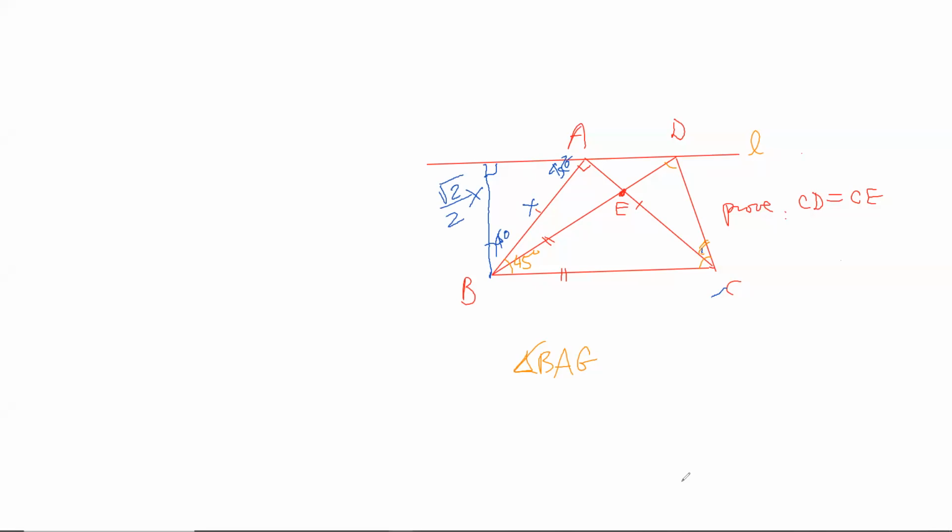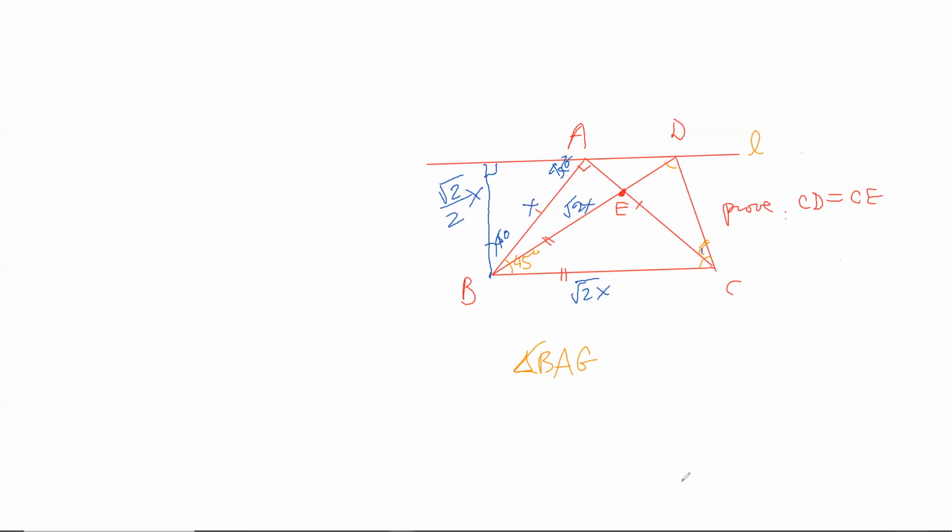Since triangle ABC is also an isosceles triangle, this side length is just root 2 of x. You can use x equal to 1, without loss of generality. Since BC is equal to BD, this side is also square root 2 of x.